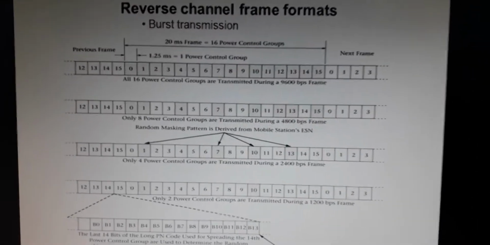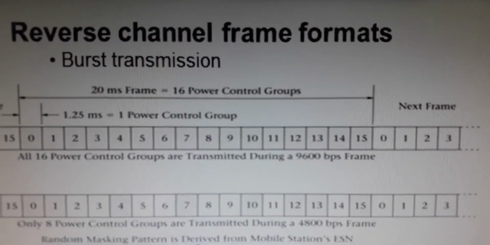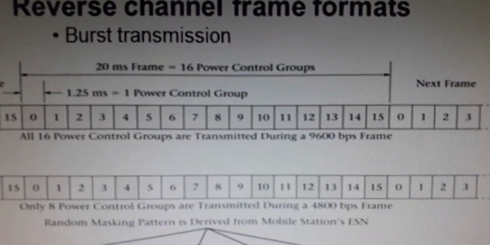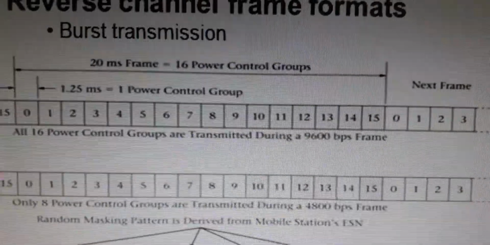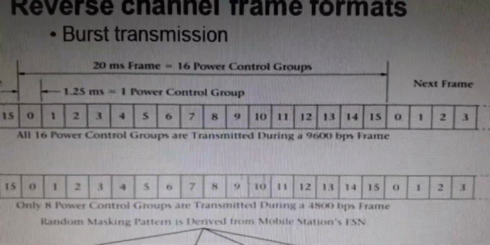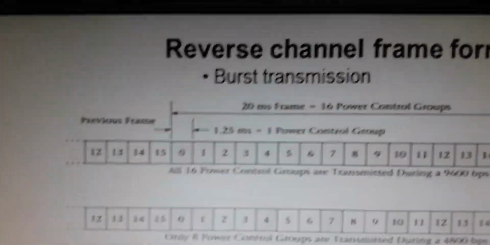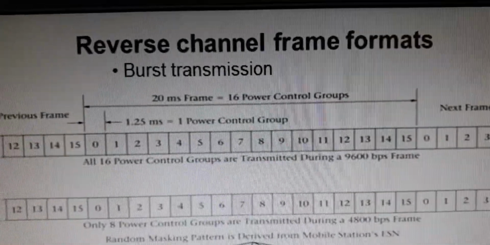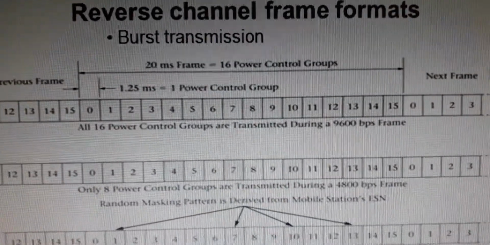Then the reverse channel frame format is actually a 20 millisecond frame, and it has 16 power control groups. Next frame has again the next 16. There's a burst transmission.